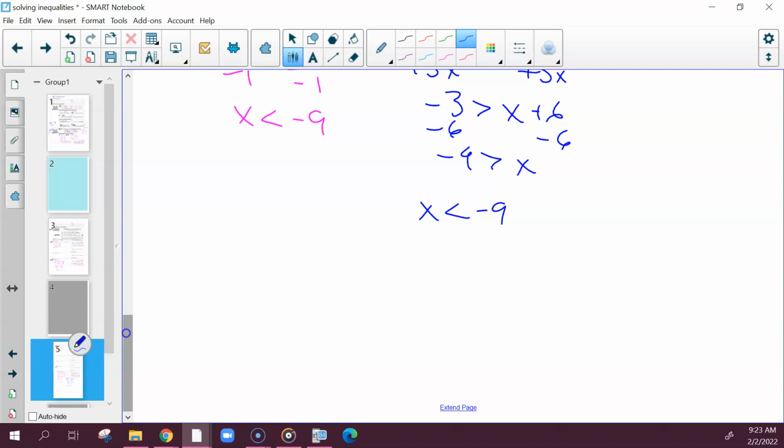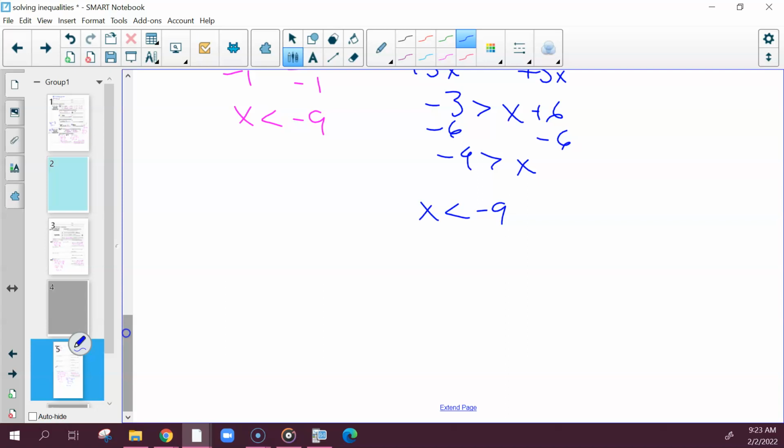As long as you read it backwards, x is less than negative 9. If you read it this way, negative 9 is greater than x, you may graph it as greater than instead. So just be careful with that. So that was one thing I wanted to show you.